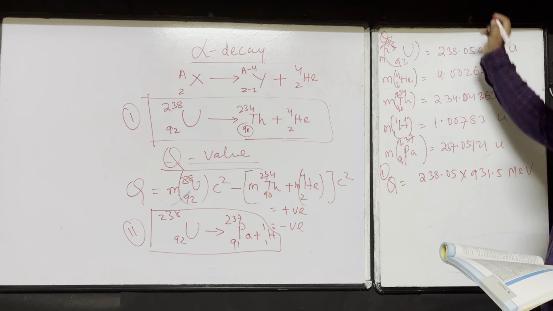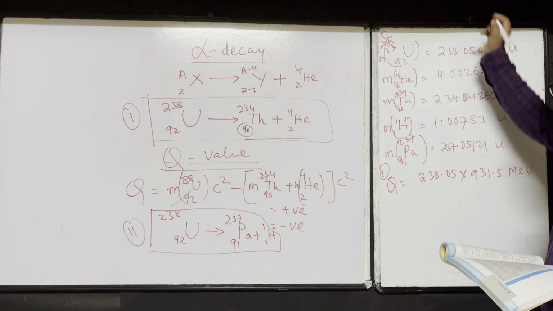So 234.04363, here I left something, 05079, plus helium is 4.00260, and it's also 931. So you can take it common, or multiply with the final result after the subtraction, because 931 will come common.